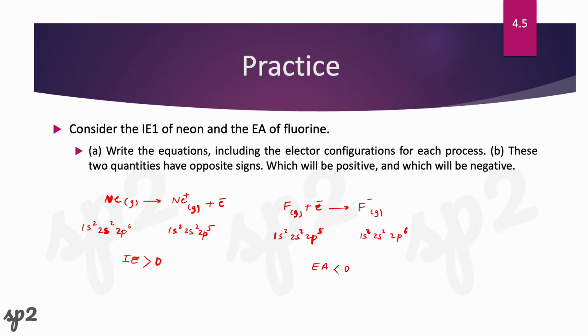For the first one, I can say this is an endothermic process. But for my electron affinity, it is going to be an exothermic process. I hope that makes sense to you.